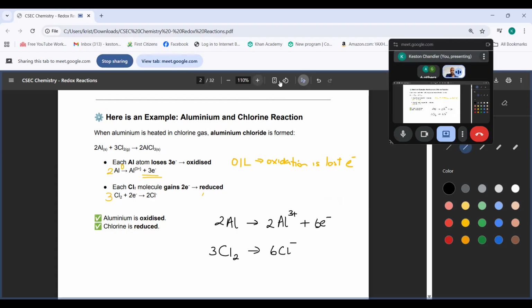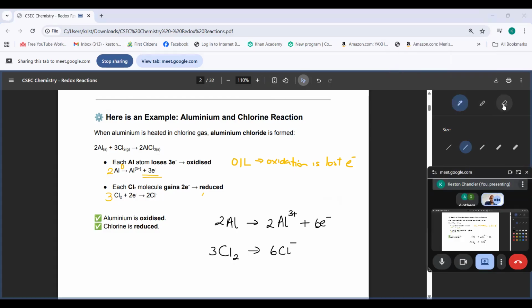Right? Now, these are actually going to be getting those 6 electrons that were lost by the aluminum. It's going to be gained by these chlorine. And we'll end up with 6 chlorine ions. So the aluminum is said to be oxidized and the chlorine is said to be reduced. Yeah?